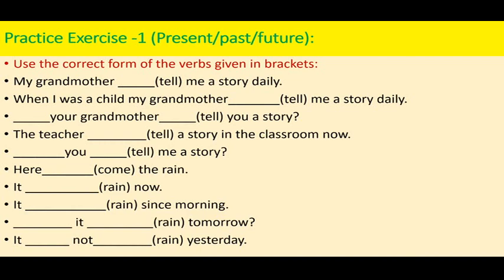It dash not dash yesterday. Again the verb is rain. So you have to distinguish between all these sentences and to choose carefully and to decide carefully which form of verb will be there. You have some adverbs also which will tell you about the time of action.